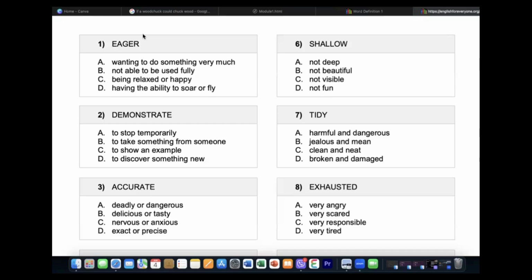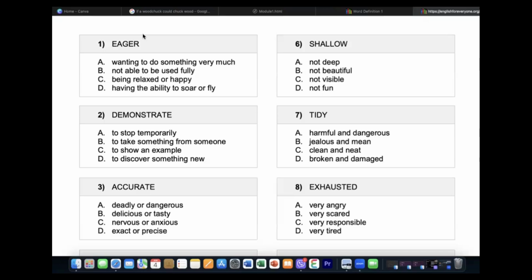Ron, can you try? I'm not that sure because I understand, but not the definition word, but I think it's A. You think it's A? So shallow is the opposite of deep. When something is deep, that means it's more complex and complicated in terms of content or structure.